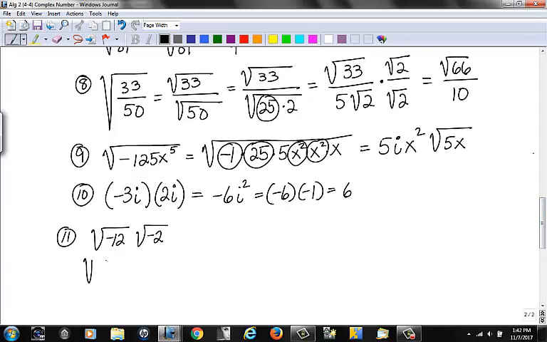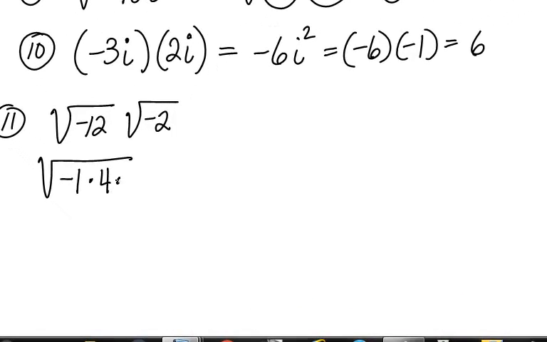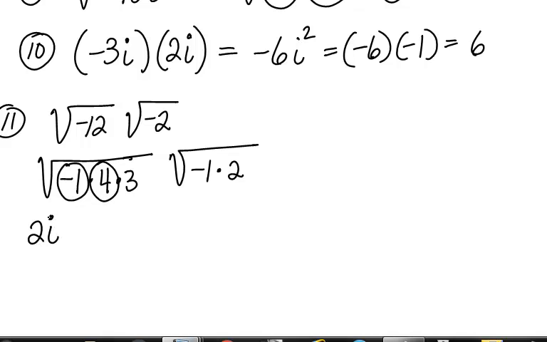What you have to do is split this up and say that's negative 1, largest perfect square inside 12, 4, and 3. Okay, negative 2, split that up into negative 1 times 2. Out of this you can take out i, so we'd have 2i, radical 3 left, times, out of this you can take out i, radical 2 left.